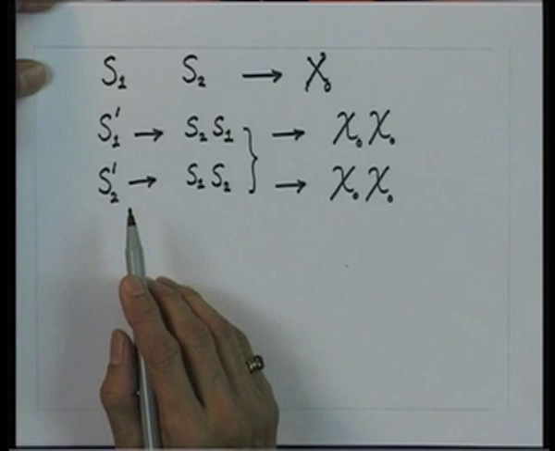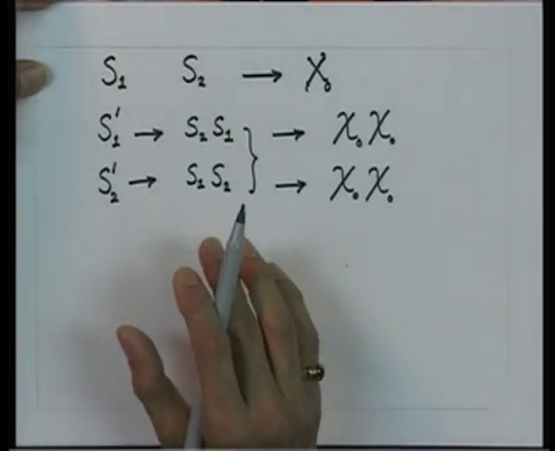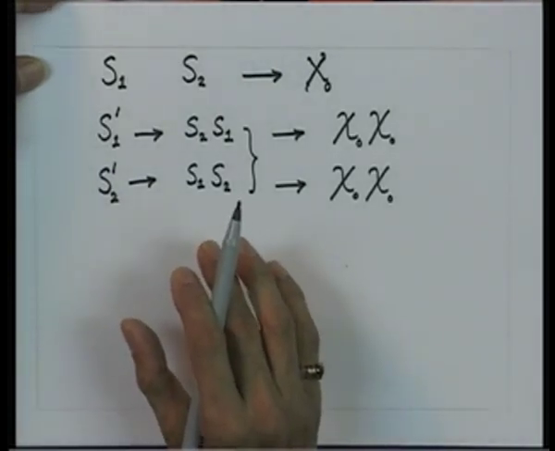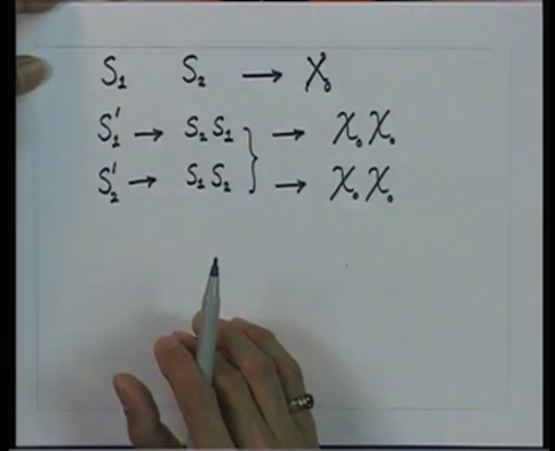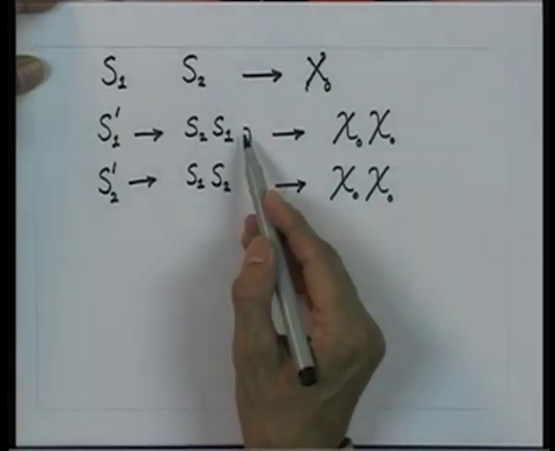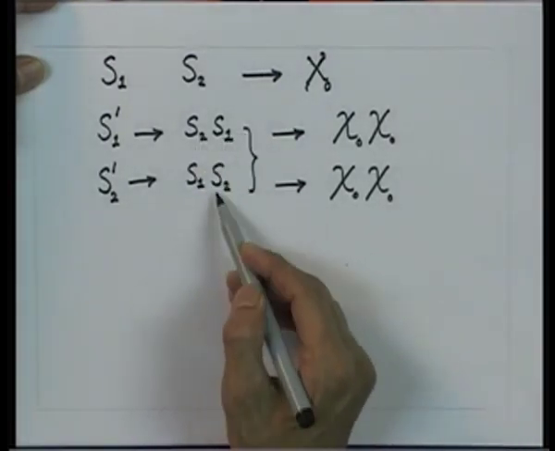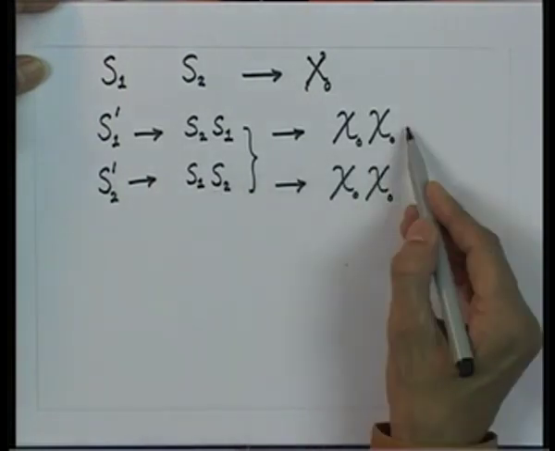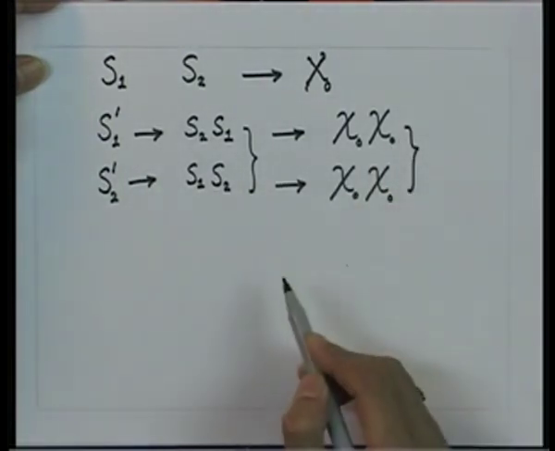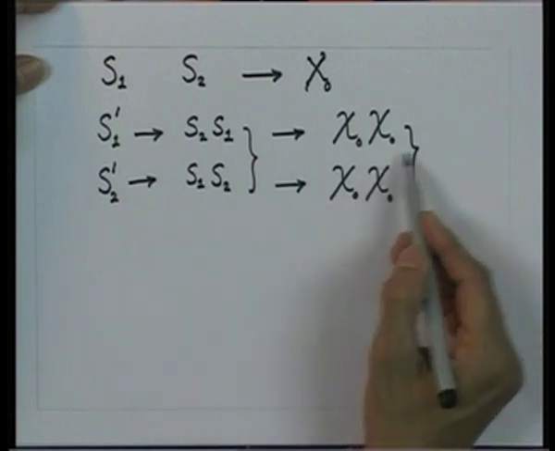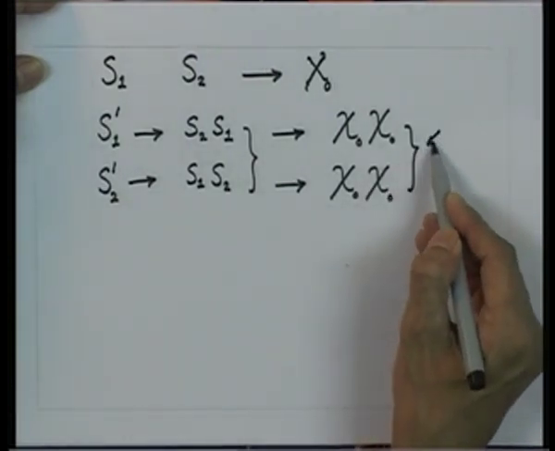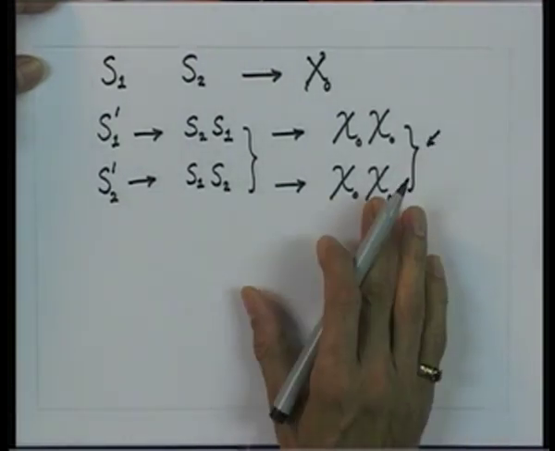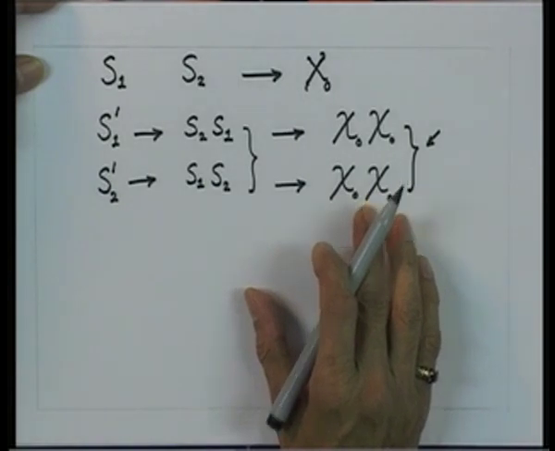Now, if we assume that our code is uniquely decodable, then what happens is that for two different sequences I am getting the same code word. Now, this is in contradiction to our assumption that the code is uniquely decodable.